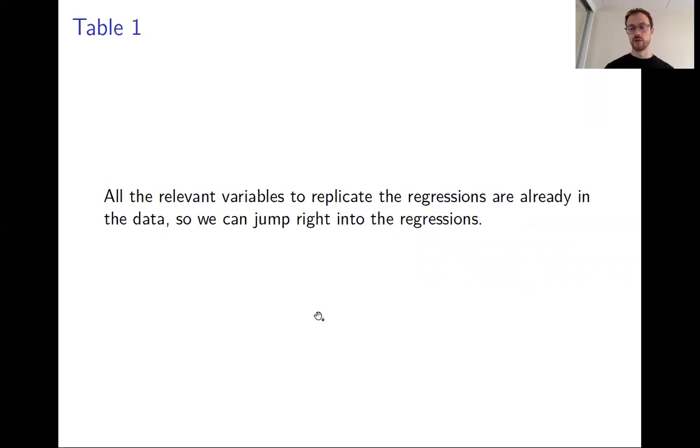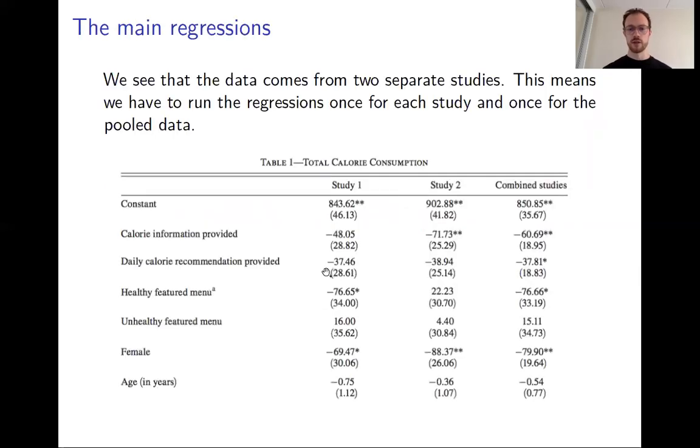So since all the relevant variables have already been created in the data set, we can jump right into the regressions. The main regression, so table 1, we regress the total calories that are consumed on these 4 different interventions.